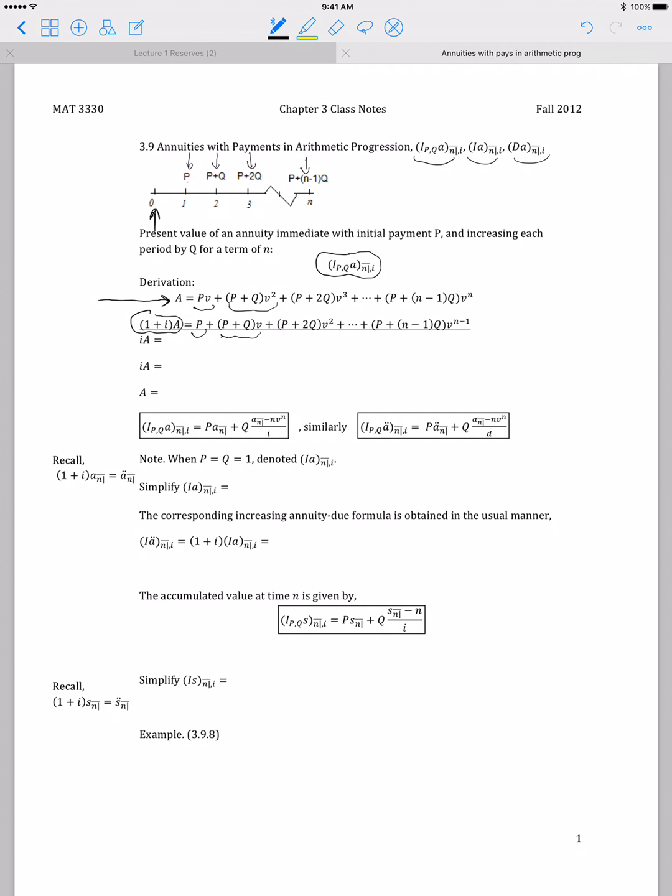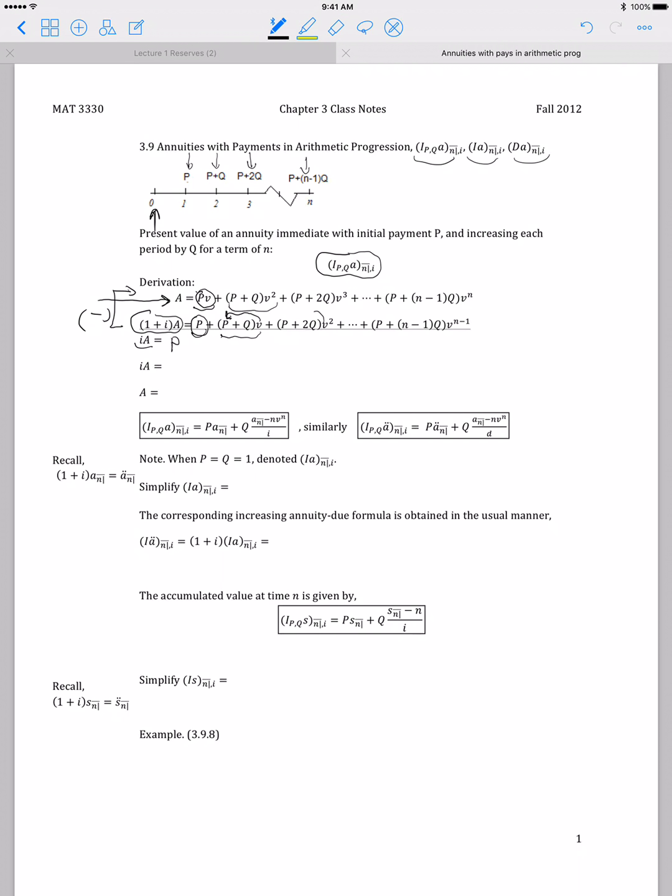Once I've made this multiplication, I'm now going to subtract the first equation from the second equation, so that on the left sides my A's will subtract away and I'm just left with I times A. On the right side, I have P here, and then I'm going to subtract the P times V above, and they cancel.